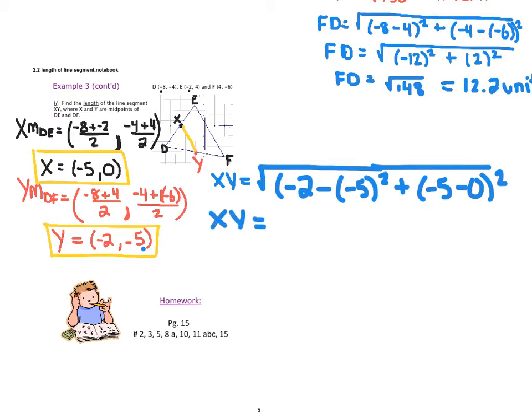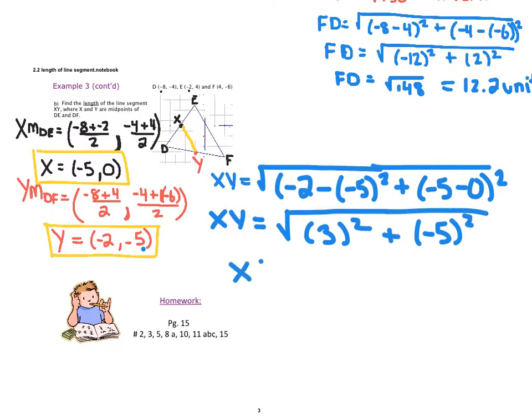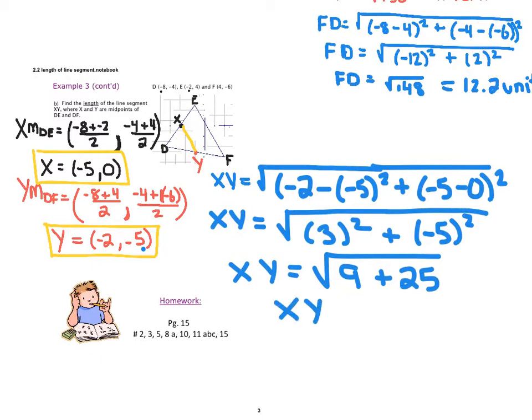So we get -2 plus 5 leaves us with 3 squared. And then -5 minus 0 leaves us with -5 squared. So 3 squared is 9. -5 squared is 25. We add those together. We get 36.